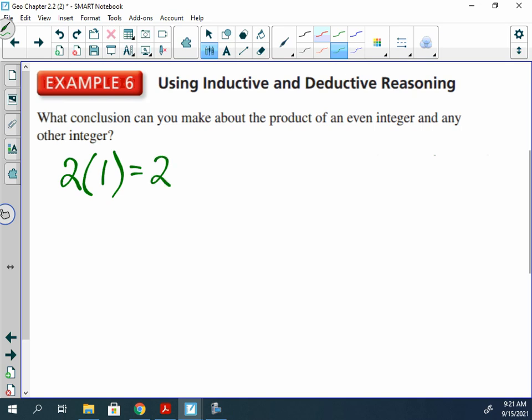What's another one we can have? 3 times 4 is? So what happens when we multiply an even integer and any other integer?